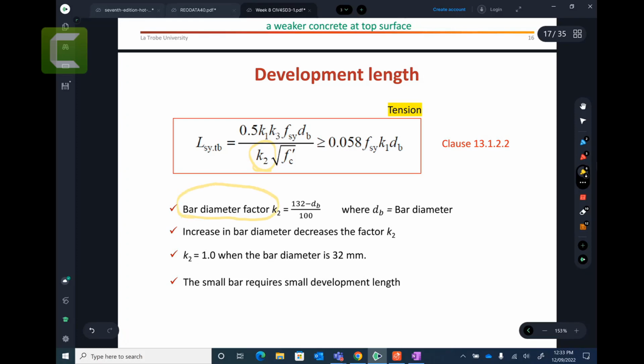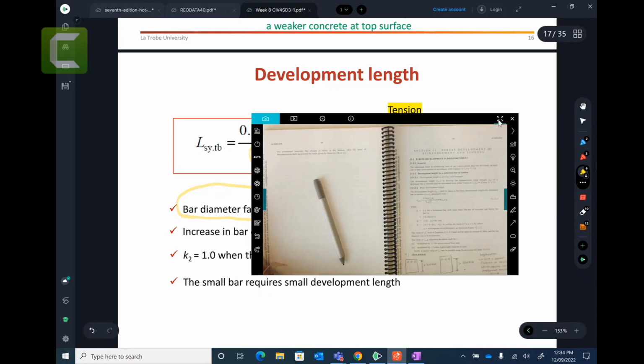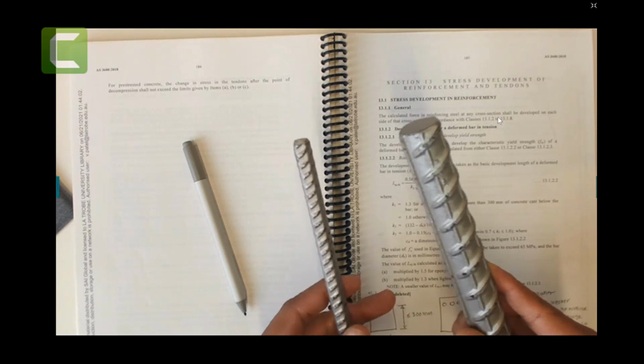It depends on your bar. Can you see the difference? I can put it this way.